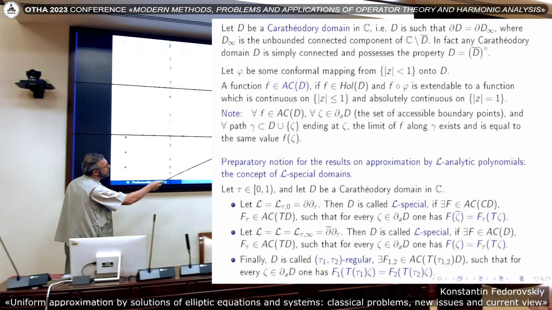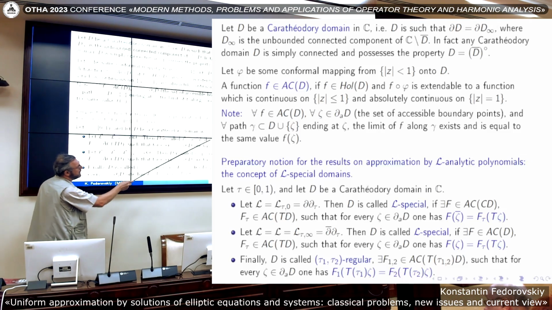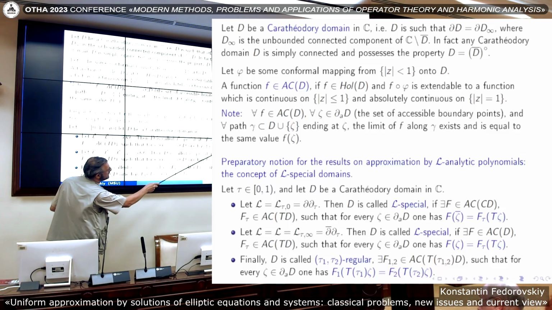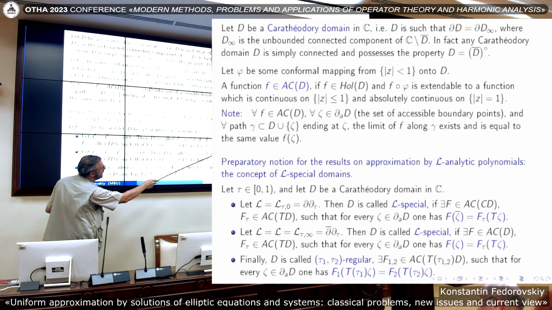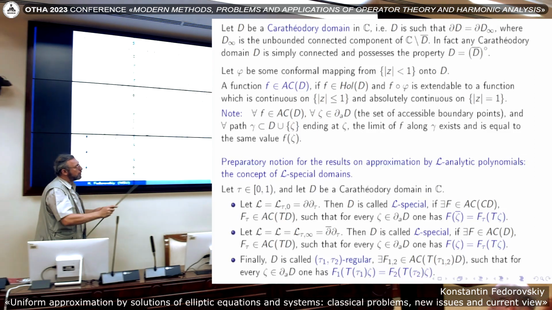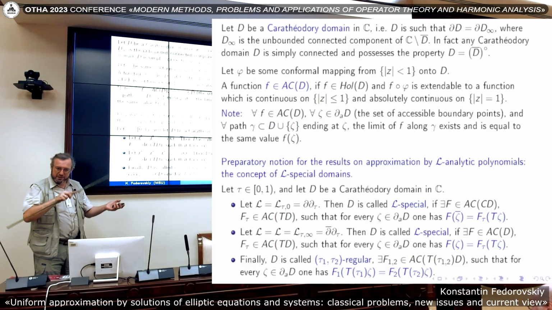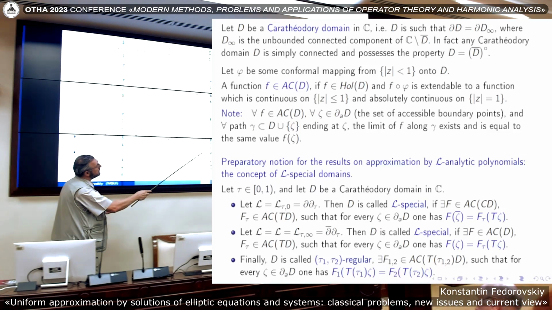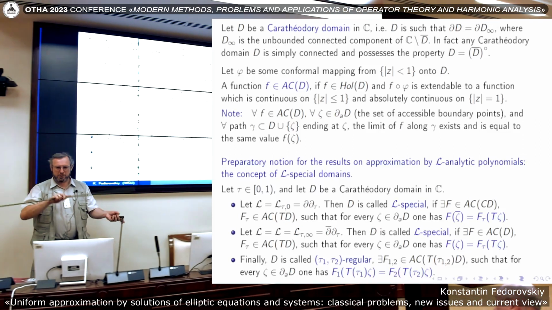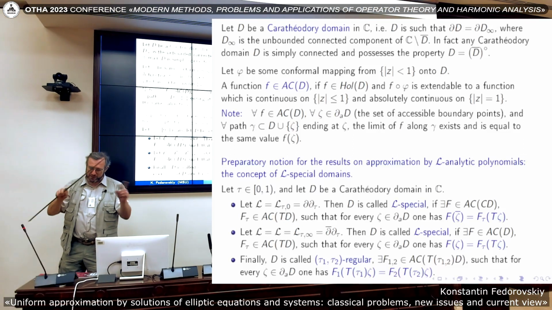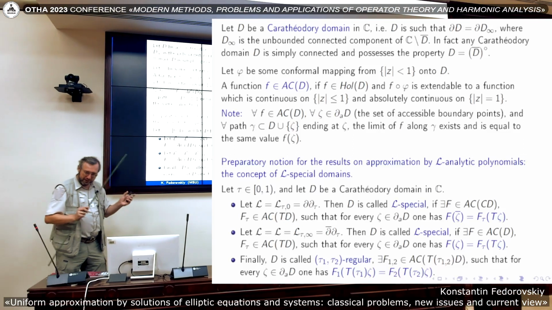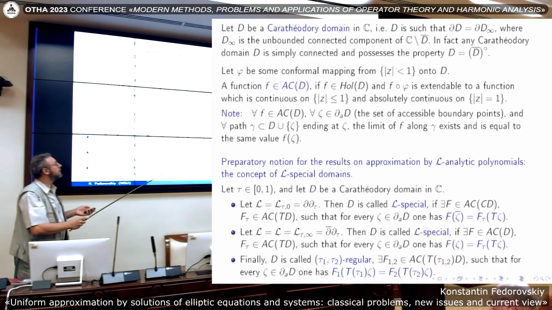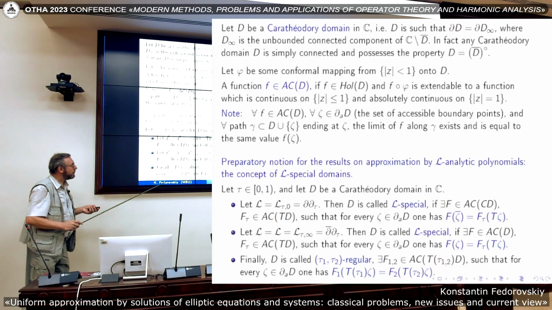It's possible to understand this using the argument principle, because this variable z tau is closer, in the sense of change of argument, to z. And here we have two holomorphic functions which turn the argument in opposite directions. So this is just an idea, but of course there are several technical steps to prove.